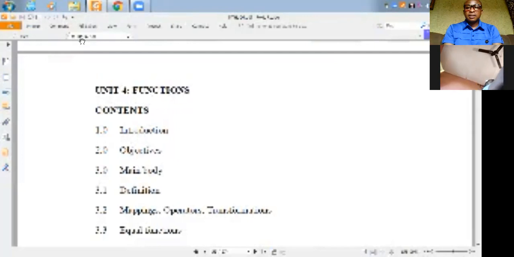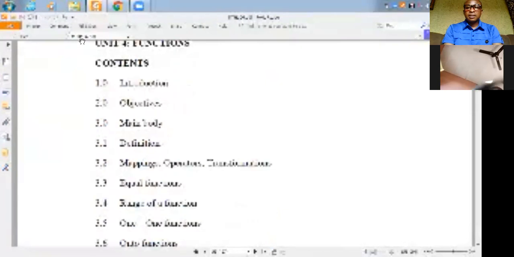We talked about different types of numbers: integer, real number, natural number, rational number, complex number, and the likes. So today we'll be looking at another thing different from what we did in the last classes, and that is function.